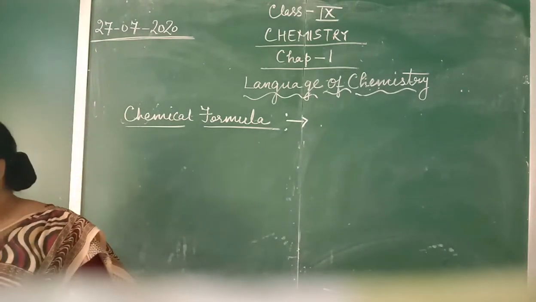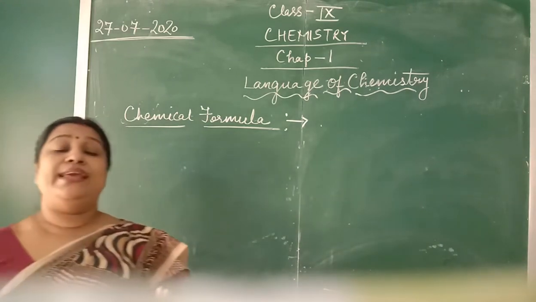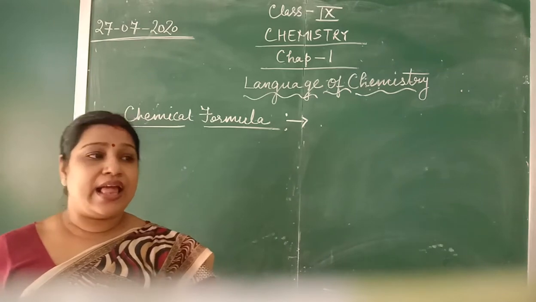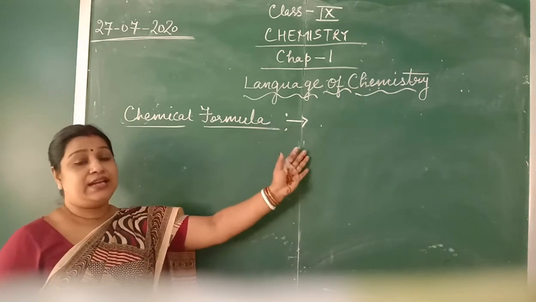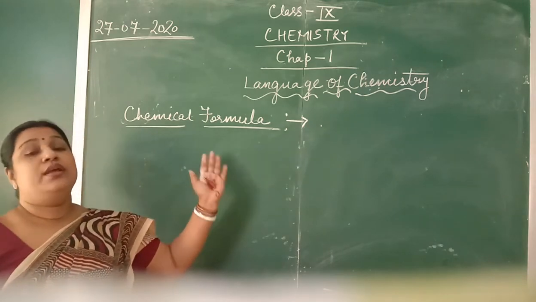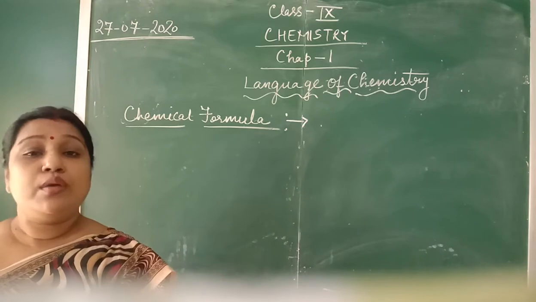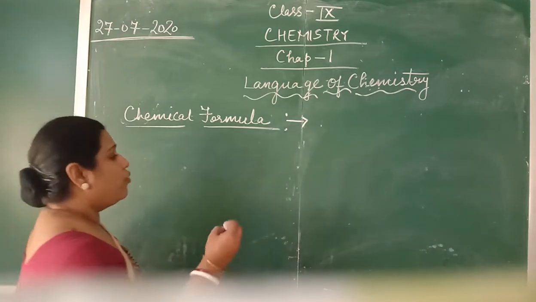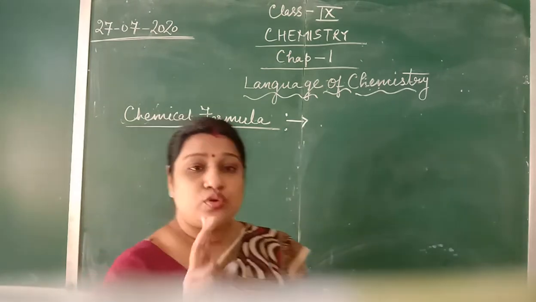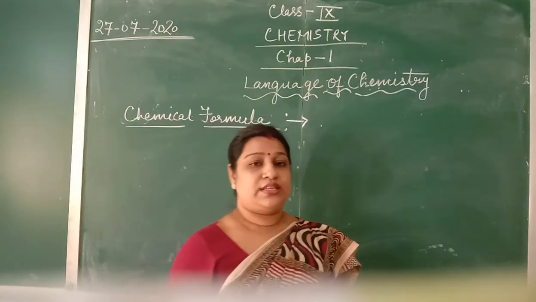If we represent a molecule by the help of the symbols of the atoms present in the molecule, then that representation is called the molecular formula. Like water. Water contains 2 atoms of hydrogen and 1 atom of oxygen in 1 molecule.